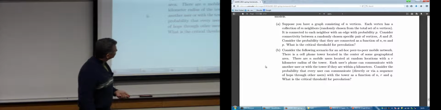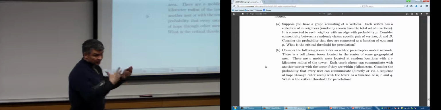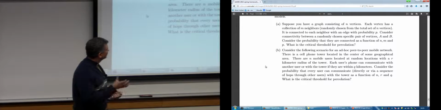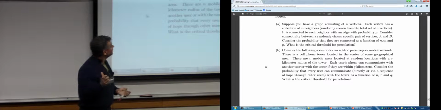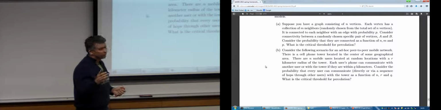The first model is very straightforward. You just have vertices in a graph, vertices joined by edges. And you assume that each vertex has m neighbors, so it'll be a function of m and n. And the probability of connectivity is p.